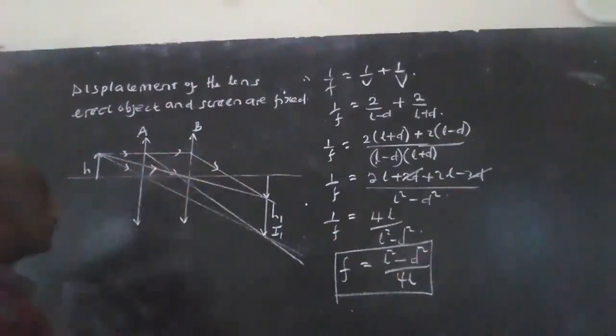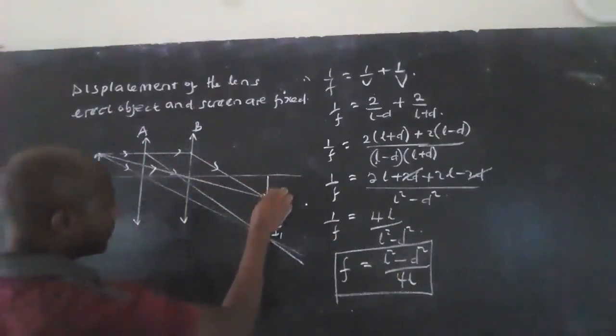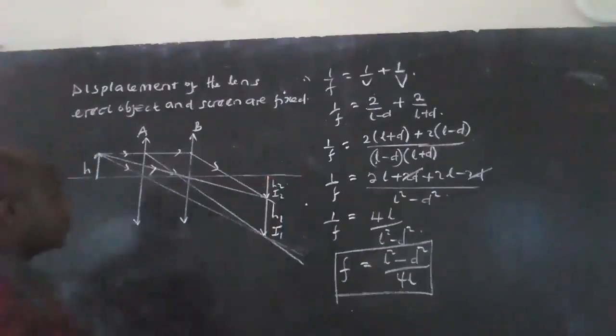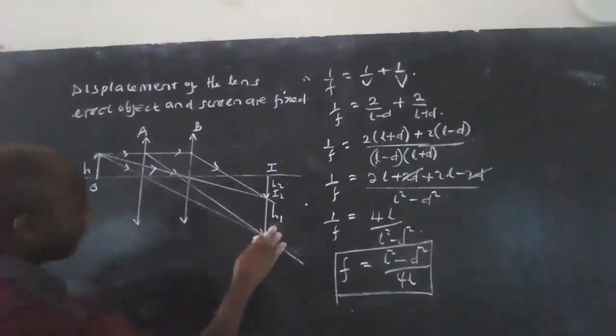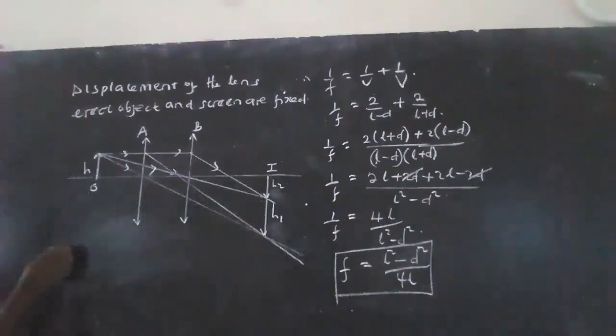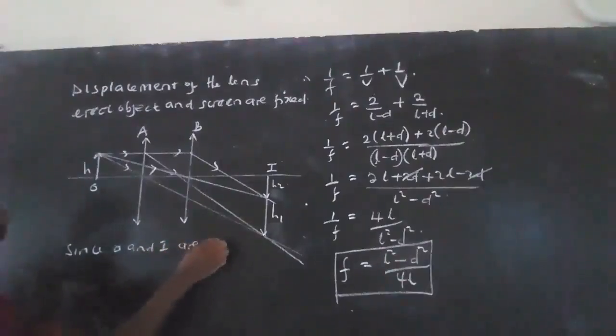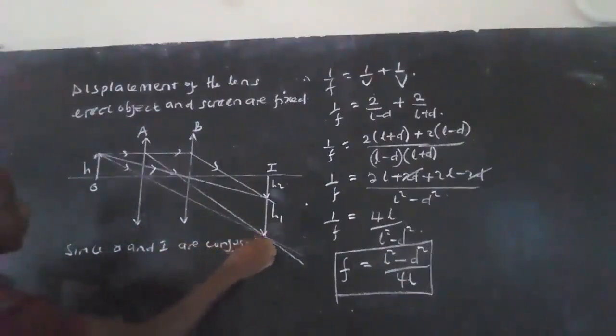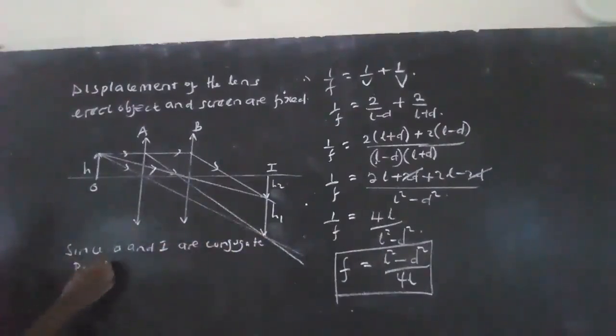Like that, okay? Now, this image formed is I2, height is H2. So this is O, and we shall say that this is I. The same image actually, that is I. So since O and I are conjugate points, we shall look at the conjugates.